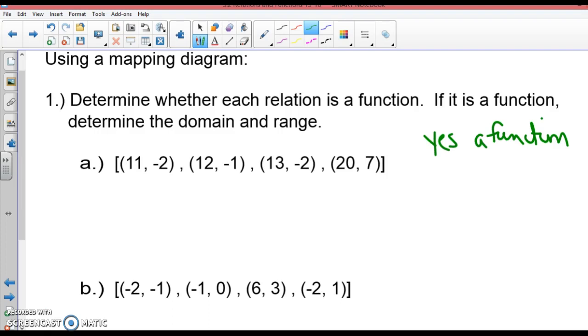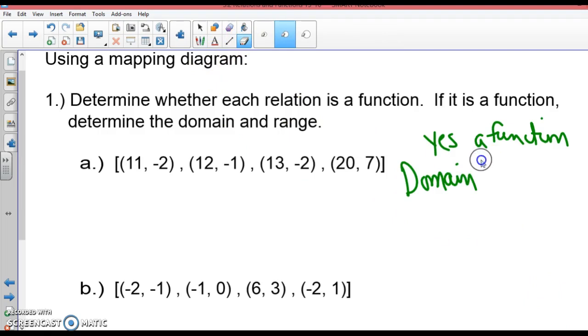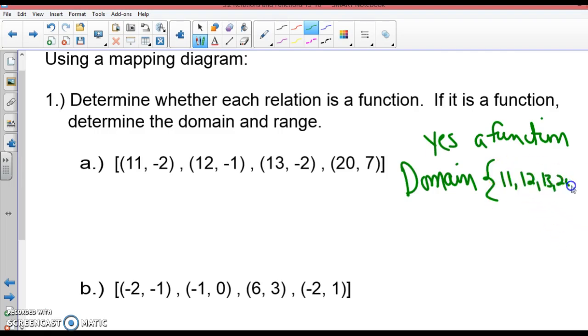They are all different. It is a function. Domain. What's my smallest number in my domain? 11. What's next? 12, 13, and 20.